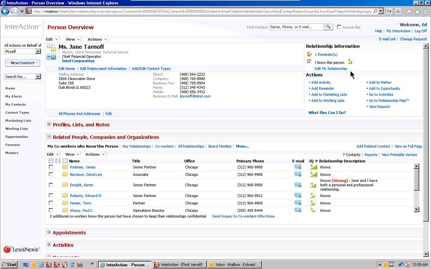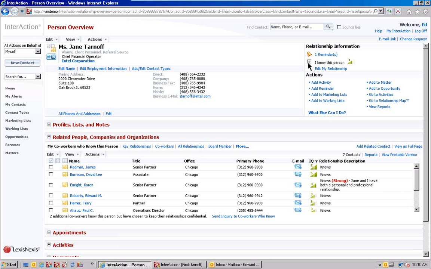Okay. I also want to point out in the upper right-hand corner, you'll see a cellular bar, and this is my relationship strength indicator, the number 3 average, with Jane. Now I want to be clear here. With InterAction's Who Knows Whom feature, users indicate that they know a contact by adding a knows relationship, or selecting this box up here.